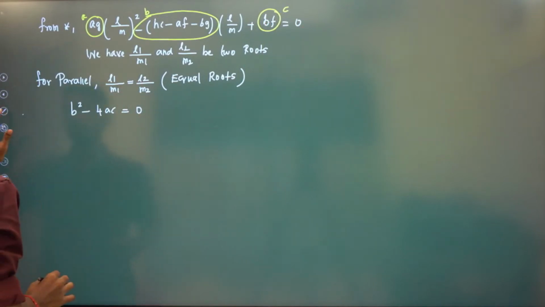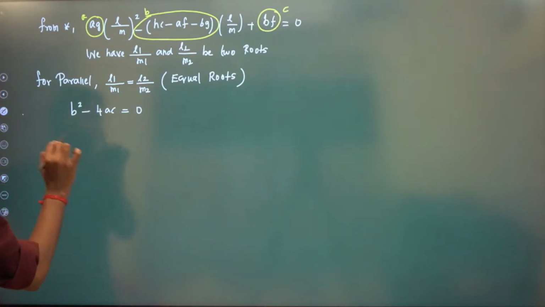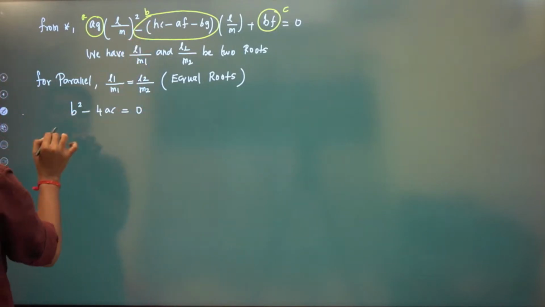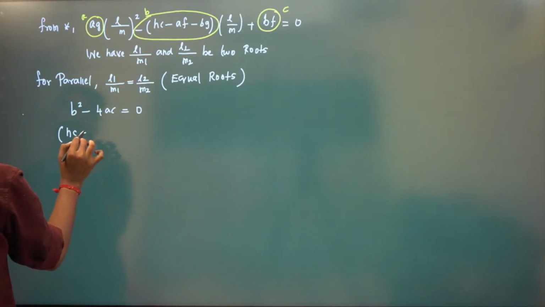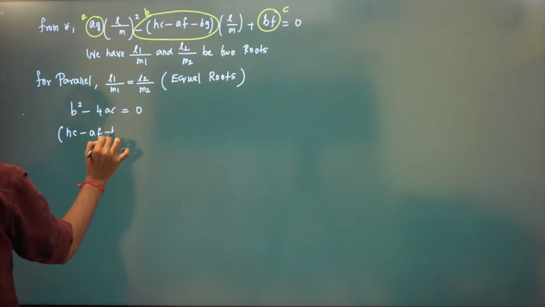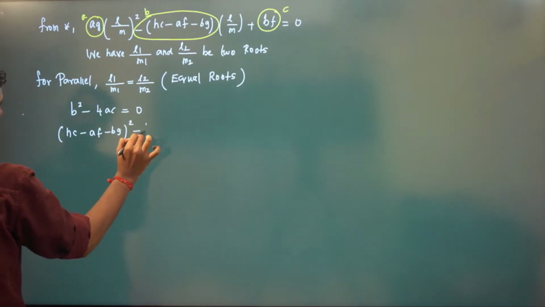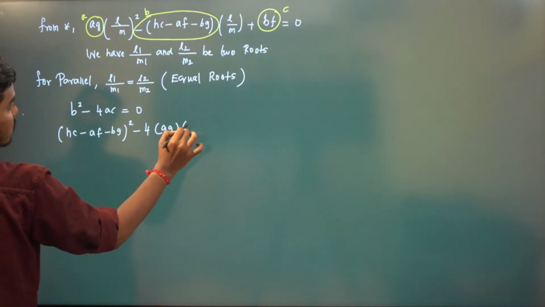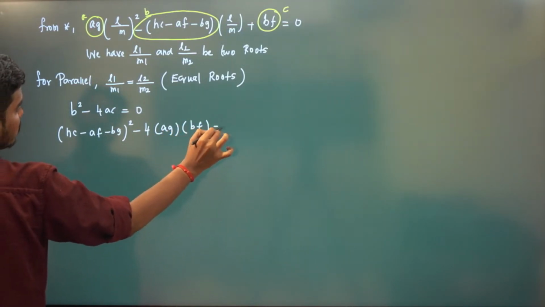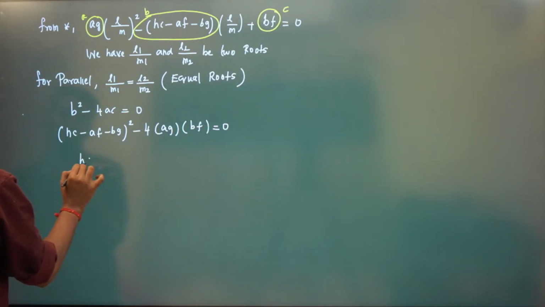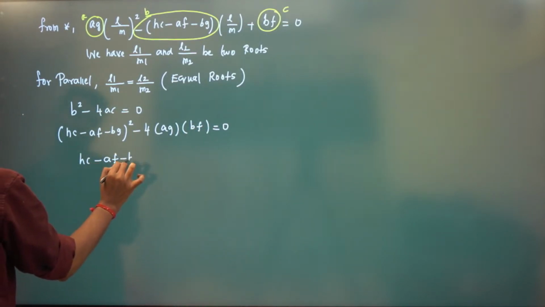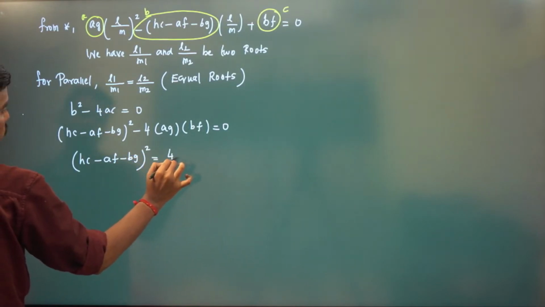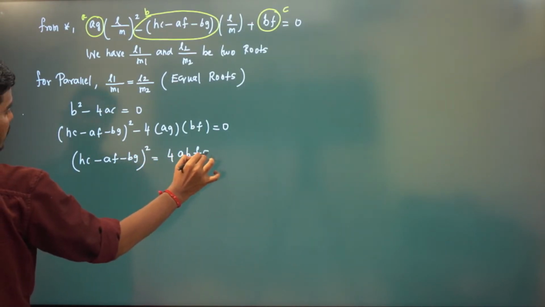So b square will be (hc minus af minus bg) whole square minus 4 times ag times bf is 0. So we have (hc minus af minus bg) whole square is equal to 4 times abfg.